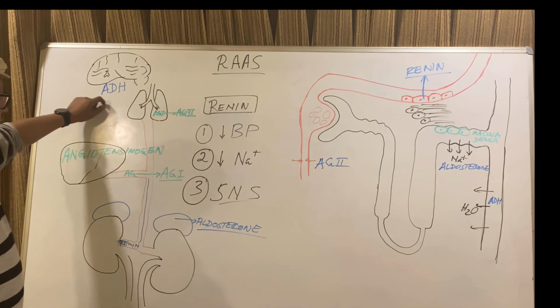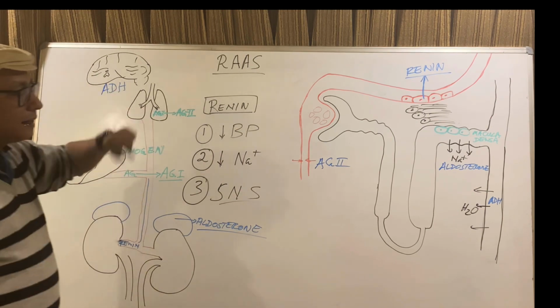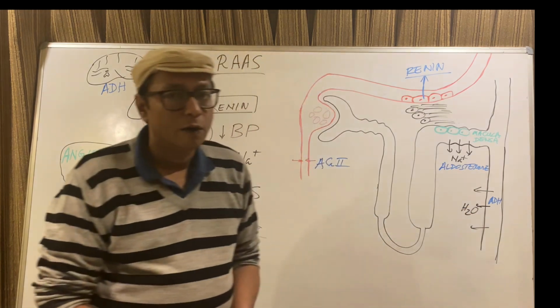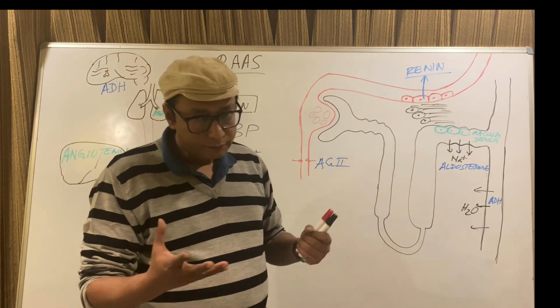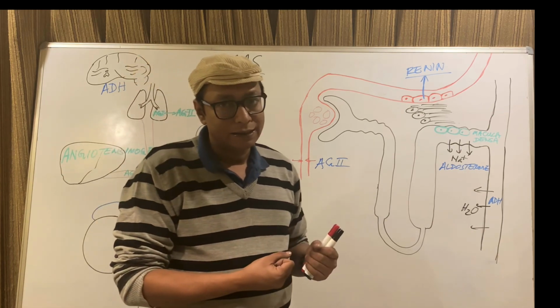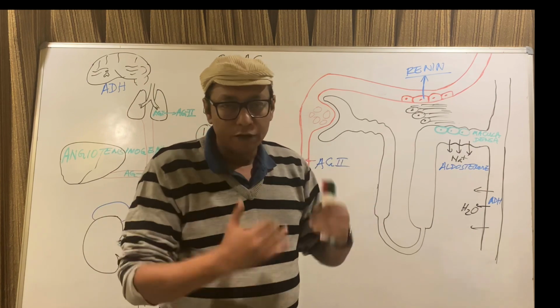From the posterior pituitary, antidiuretic hormone is secreted, and this antidiuretic hormone works on the collecting duct and will absorb water. This is how the kidney tries to balance any change in blood volume or blood pressure.